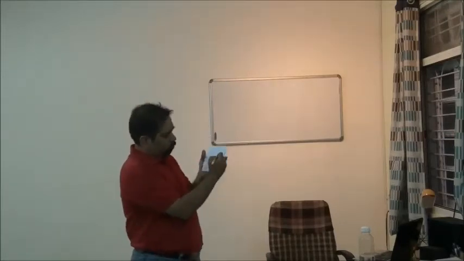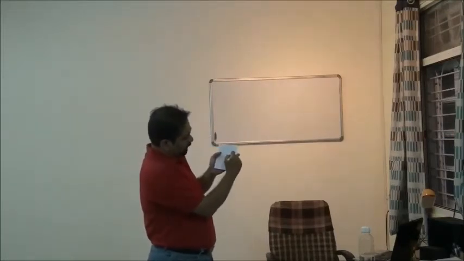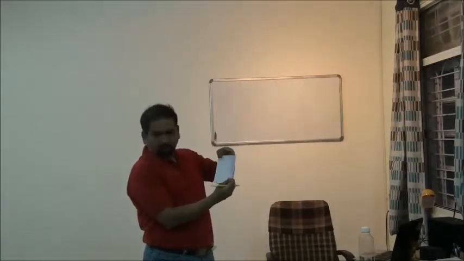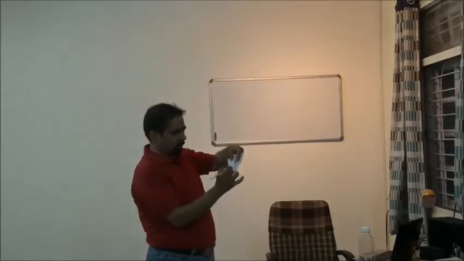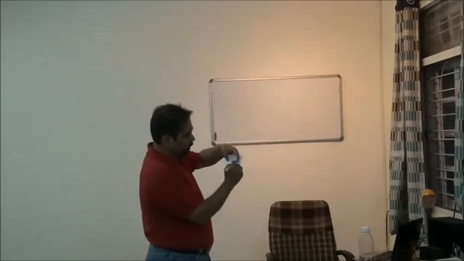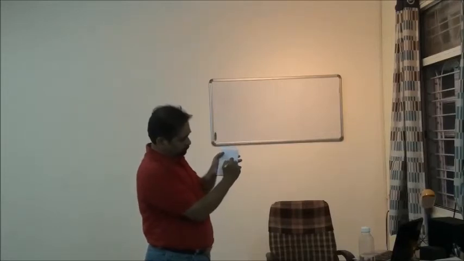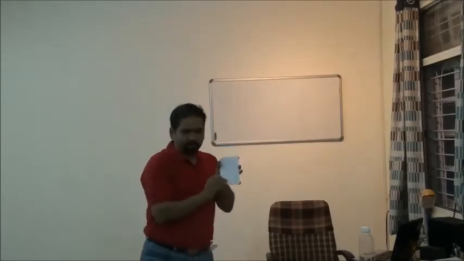Done? Alright, now next to that 1 that you have written, I want you to draw an arrow in the upwards direction. Arrow in the upwards direction. Correct? So next to every number, draw an arrow showing you the top direction, the top edge.